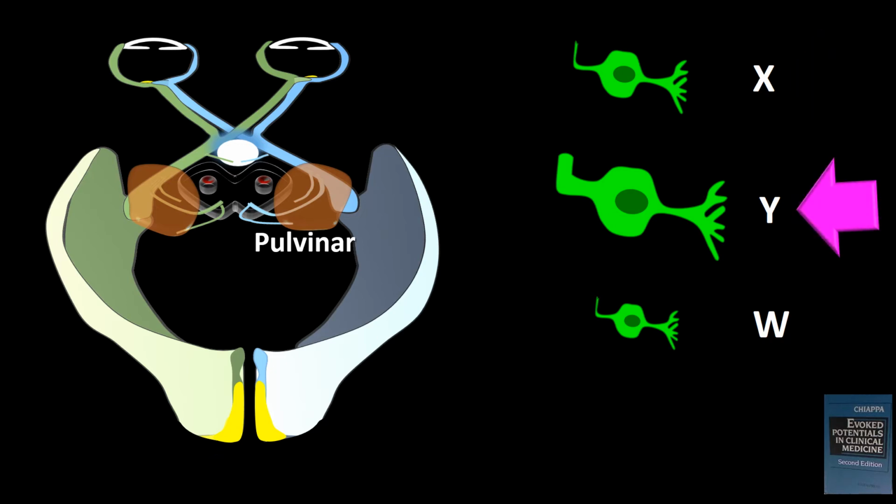Axons from the Y ganglion cells probably take different routes. Some go to the lateral geniculate. Neurons from this nuclei reaching the primary visual cortex are part of the primary visual pathways. Yet other axons from these same ganglion cells go to the pulvinar nucleus of the thalamus.